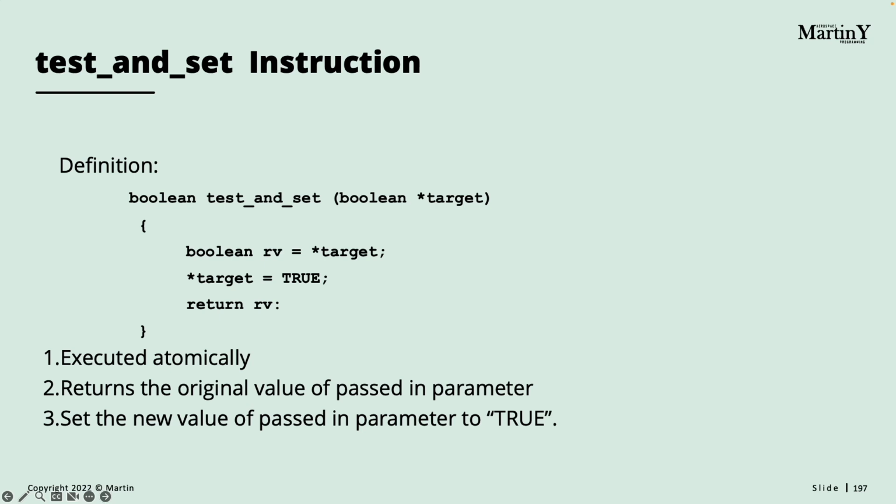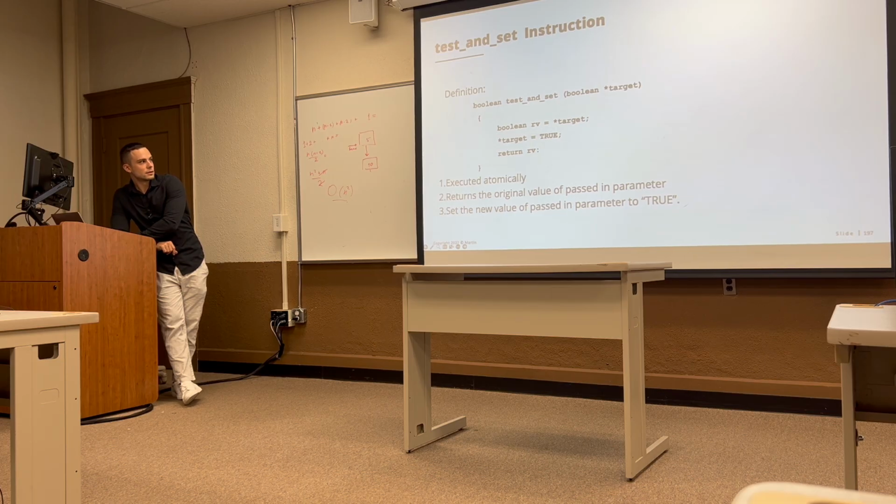This is why it's called test and set. So you're testing if the resource is locked, and if it is not locked, it is locked by you. How does it work? First of all, let's say that 0 means that the resource is free, and 1 means that the resource is busy.